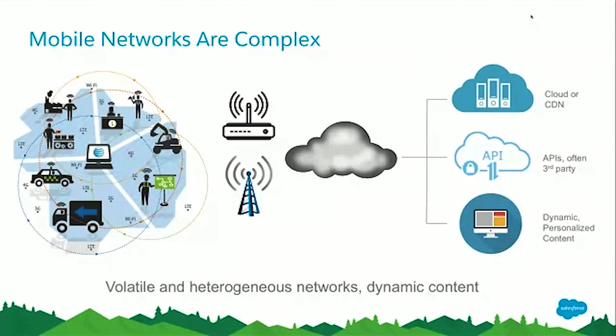Then the hotspots, and the kind of API used in the app's code, a lot of them third party. The CDN, the device type, the OS on the device, and also a lot of apps have dynamic content, some have personalized content depending on the kind of app you're using, whether it's a social networking app or a shopping app. So mobile networks are complex, and a lot of things go on behind the scenes while we're seamlessly browsing on our phones.